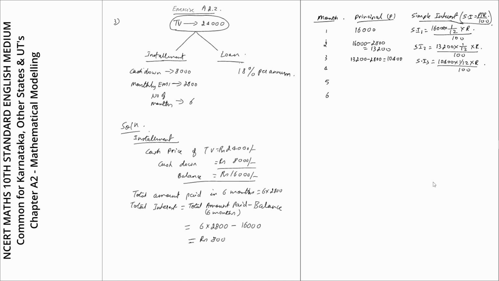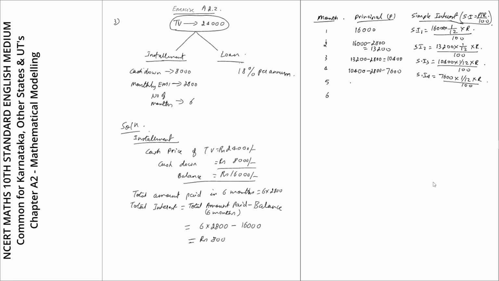In the fourth month he pays 2,800, therefore the principal will be the previous balance minus 2,800, which gives 7,600. So here simple interest 4 is 7,600 into 1 by 12 into r by 100.